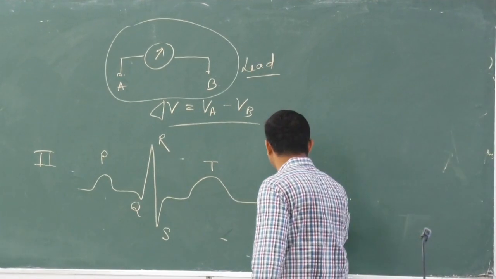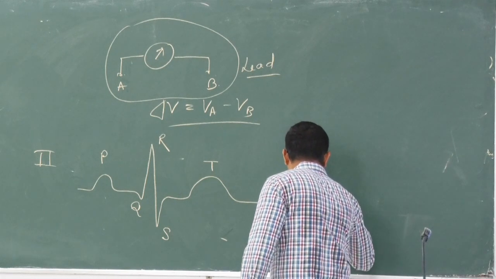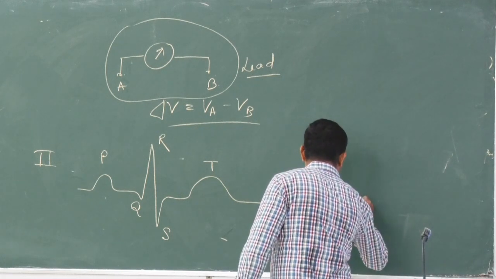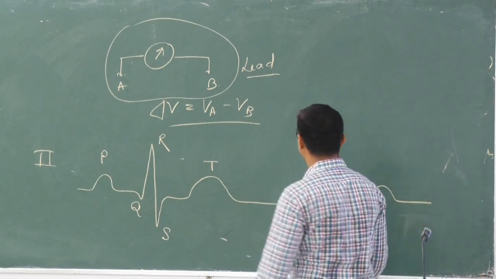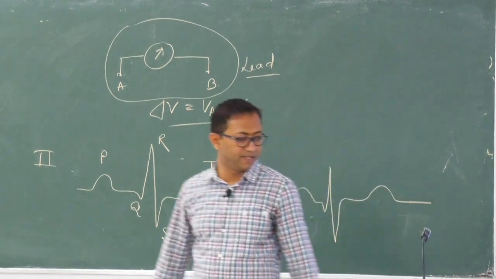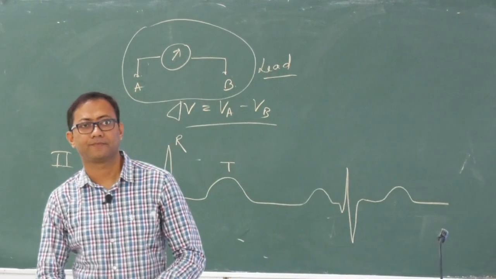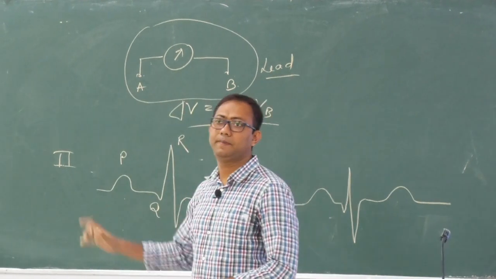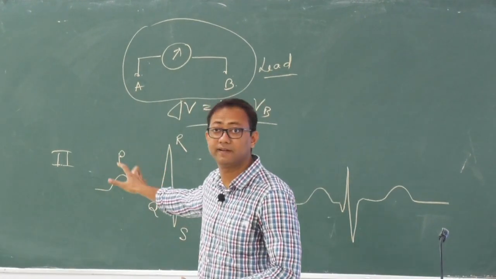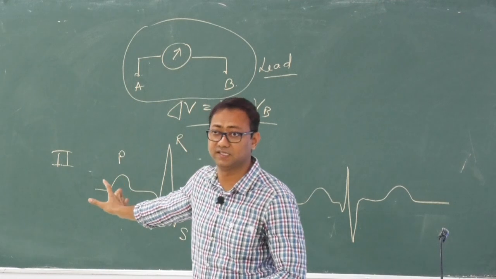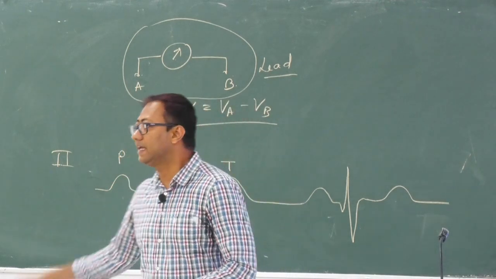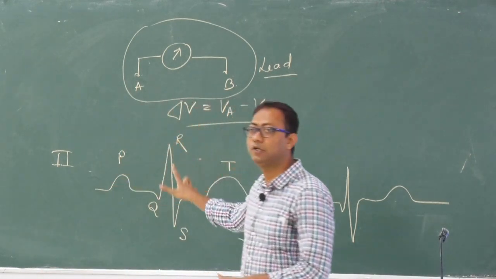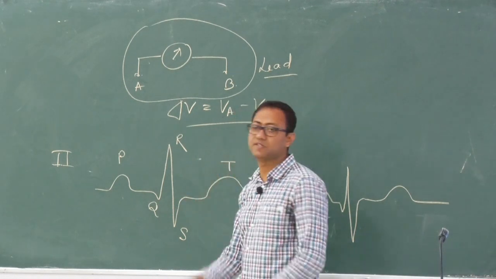So PQRST, again here, PQRST, right? And it will keep on repeating. Typically in a healthy individual this is normal. Okay? So in a healthy individual, lead 2, you get this type of pattern.